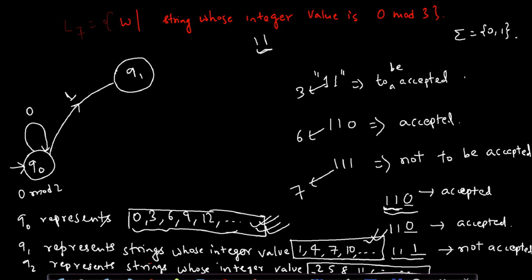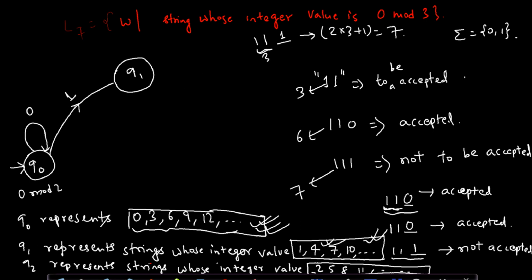Now if the next symbol is 1, this is 2 into 3 plus 1, which is equal to 7. 7 belongs to Q1. That's why on 1 you go to Q1.